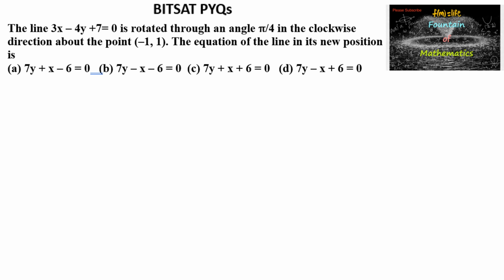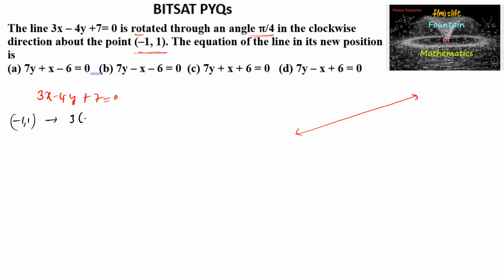Given that the line 3x minus 4y plus 7 is equal to 0 is rotated through an angle of pi by 4 in the clockwise direction about the point (minus 1, 1). So let us check first whether this point (minus 1, 1) satisfies this equation or not.